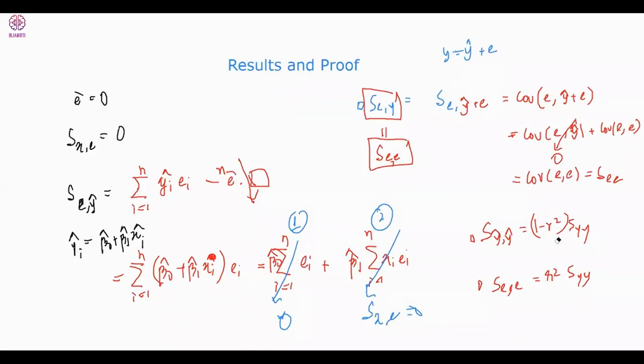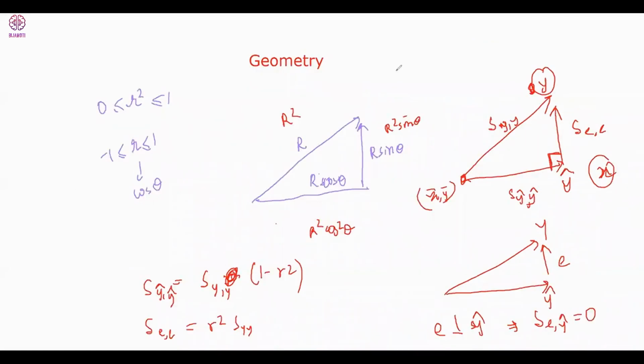So y hat is actually r square, and this is actually 1 minus r square. And it makes sense. This is cos square theta. Essentially r is cos theta, remember this, and r square is this, and this is 1 minus r square.